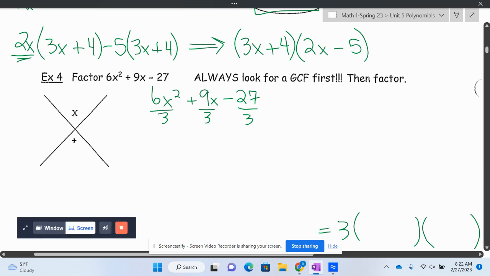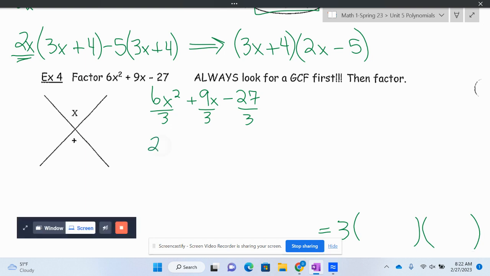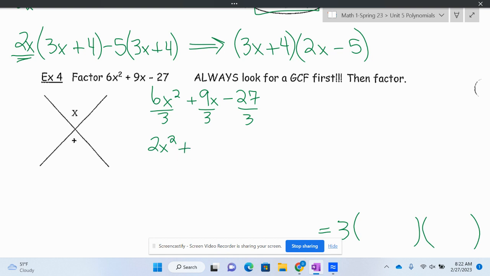So let's see. 6x squared divided by 3 gives me 2x squared. 9x divided by 3 gives me 3x. And negative 27 divided by 3 gives me negative 9. Okay, so times side, what am I looking for here on the times side?